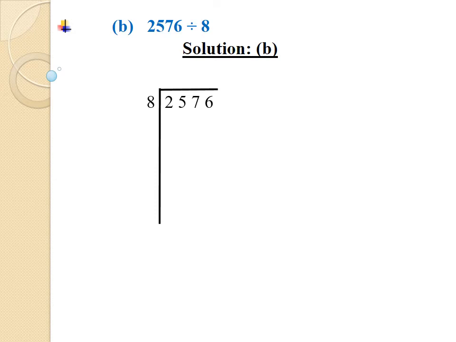So, now let us say the table of 8. 8 ones are 8. 8 twos are 16. 8 threes are 24. 8 fours are 32. Students, now we have to stop saying the table as we got the product more than 25.